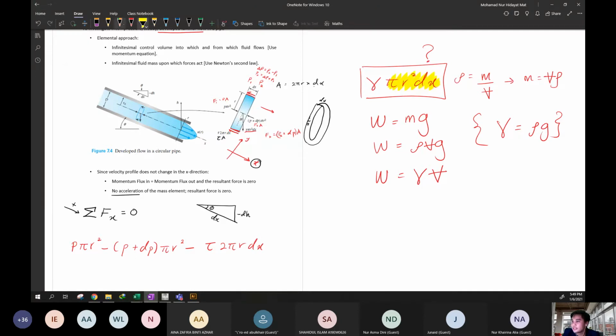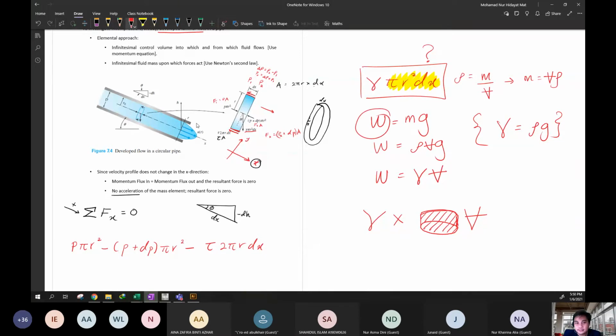Pi r squared is the cross-sectional area, and dx is the height. So you get the cylinder, and this is the volume of the cylinder. Gamma multiplied with the volume is the weight.